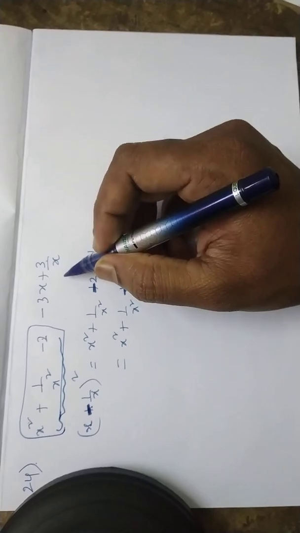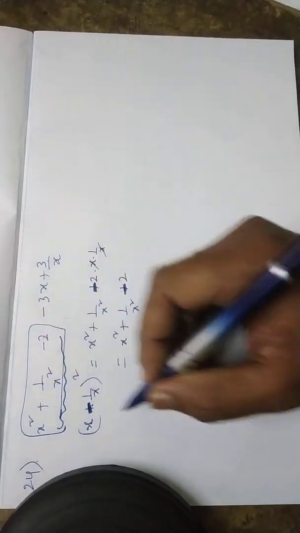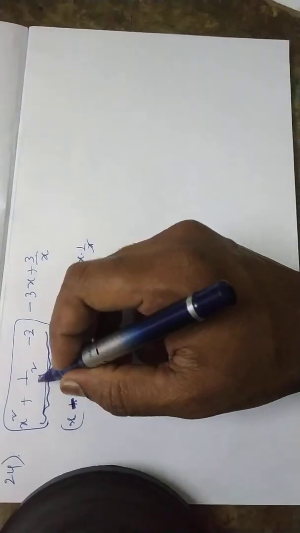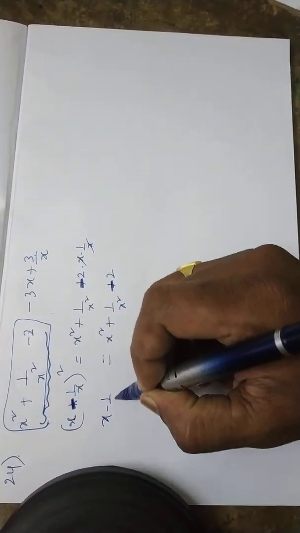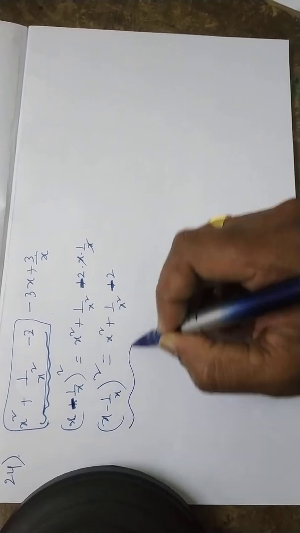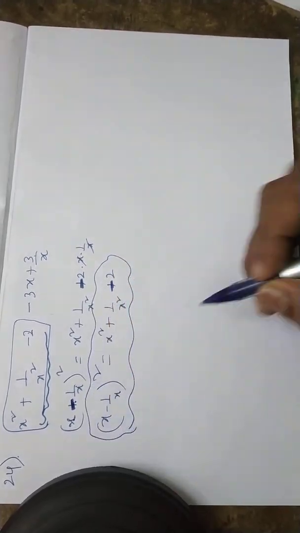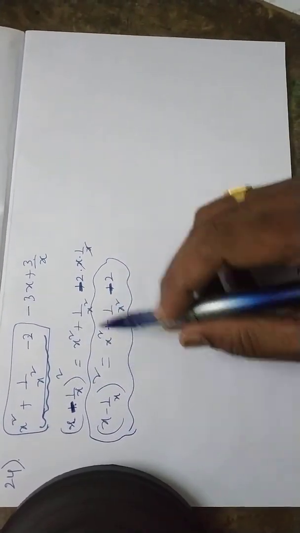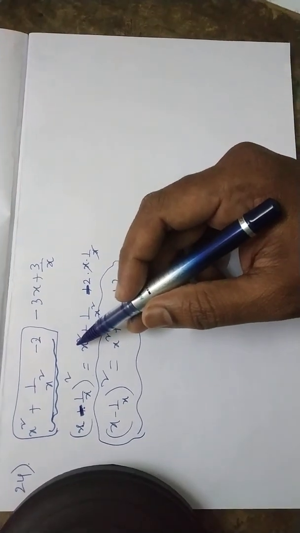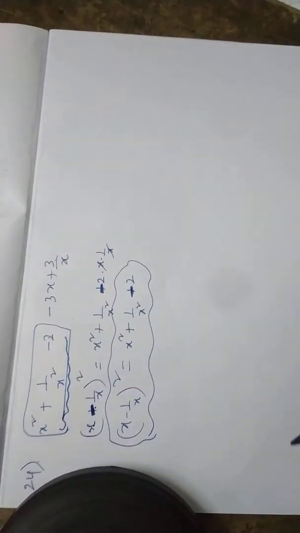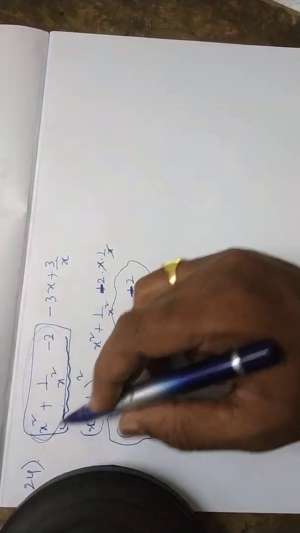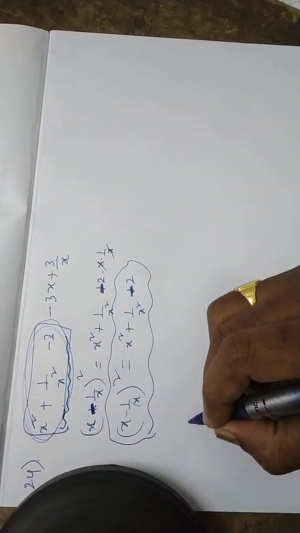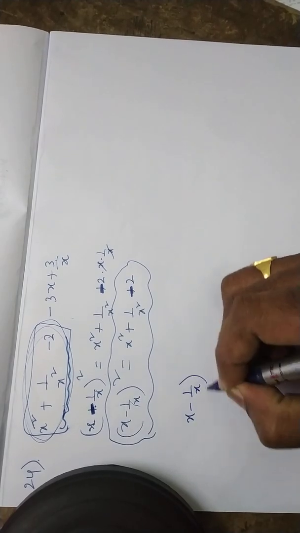You can write this totally as x minus 1 by x whole square, by the formula. So this is the answer. That is why they started this chapter after expansion. In expansion you had this formula. Now I am rewriting it in place of all 3 terms. So let us write x minus 1 by x whole square.